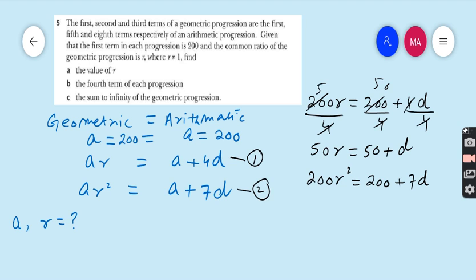Okay, but this equation cannot be divided by any number, so we will take this equation as it is.